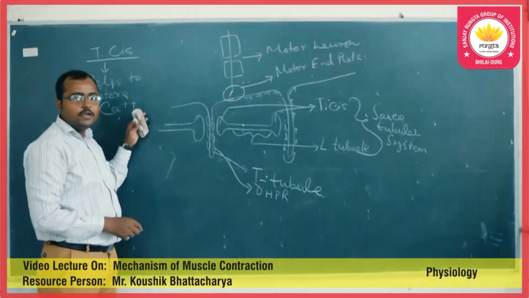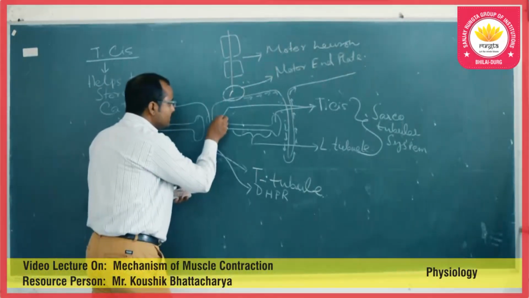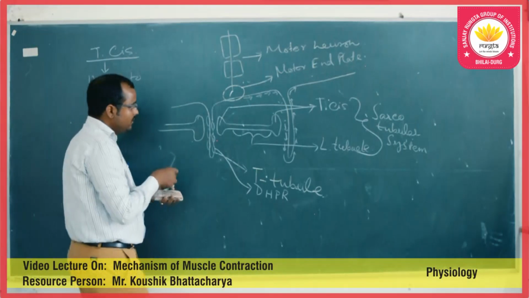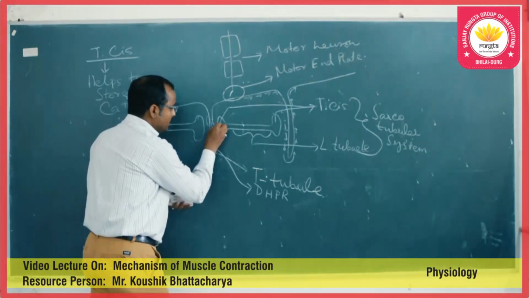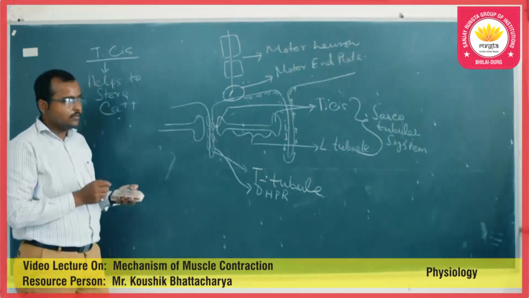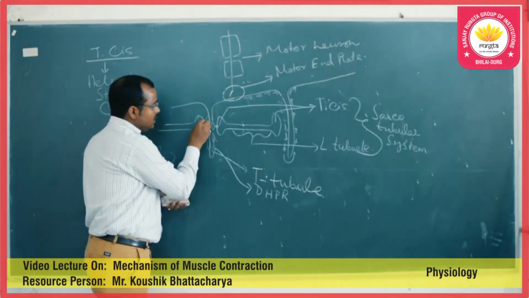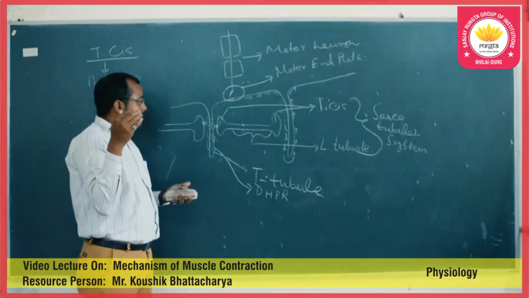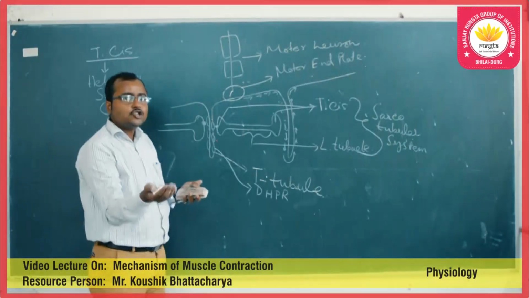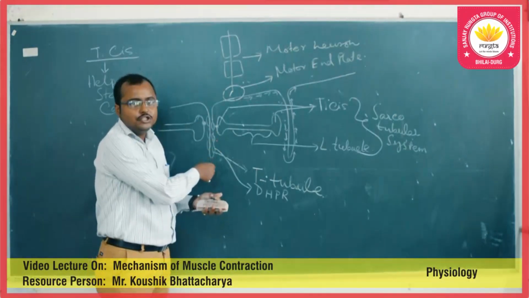Second one is that on the surface of this terminal cisternae there is one specific channel, or one specific protein. One specific protein is present on the surface of the terminal cisternae, just opposite to the DHPR, which is present on the surface of the T-tubule.